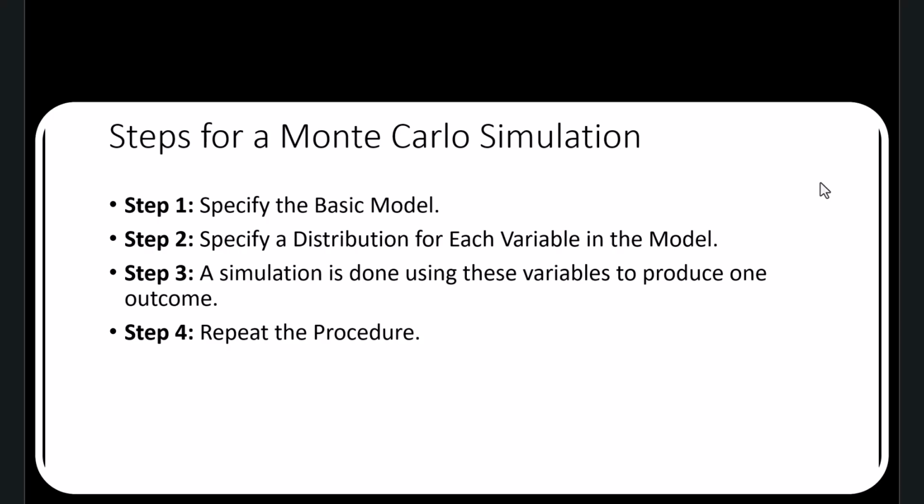We're going to specify a distribution for each variable in the model, and then we're going to do a simulation using these variables to produce one outcome. And we're going to do a lot of replications of it, just like that picture I showed you of the hurricane. So they don't do just one replication, they do thousands or maybe tens of thousands, and then you look to see on average where it winds up.